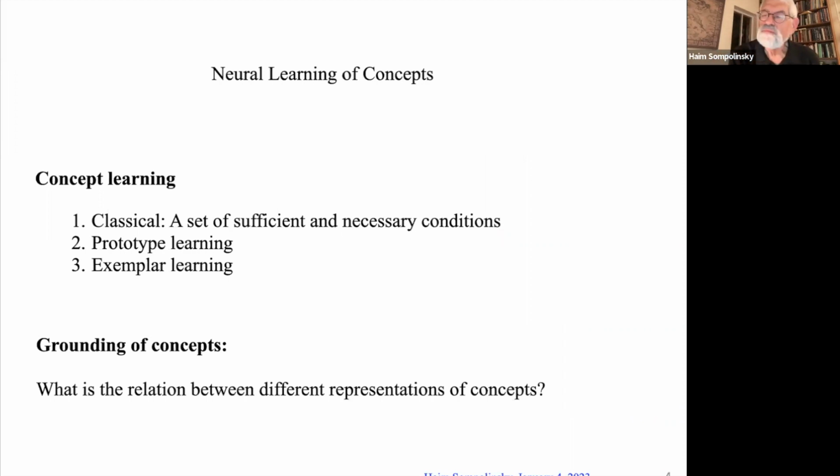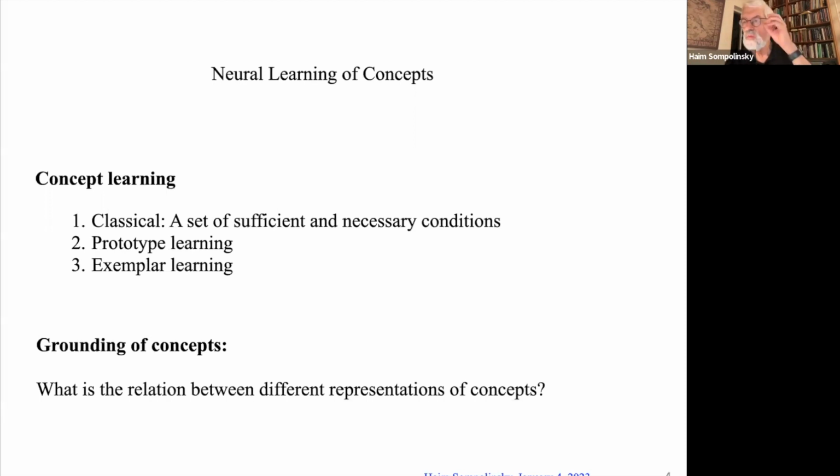The question of how humans and maybe animals learn or form concepts is a classical long-time problem, starting in philosophy and science, in psychology, cognitive science, and neuroscience. I'll just remind you that the classical Aristotelian approach is that concepts are defined by a set of necessary and sufficient conditions.